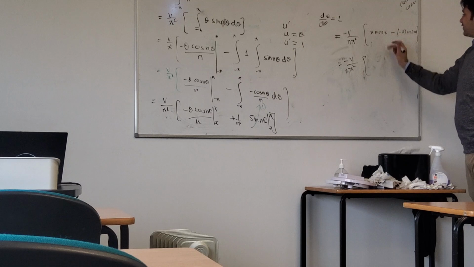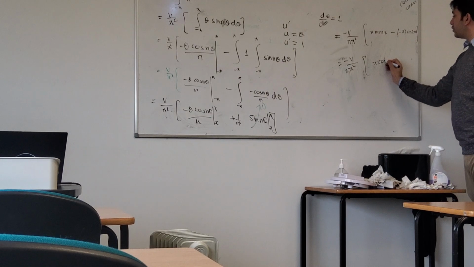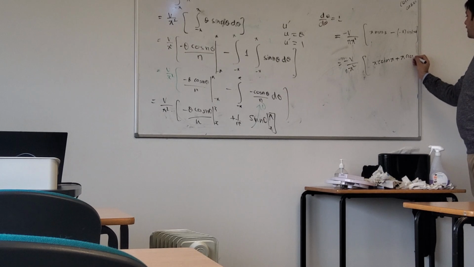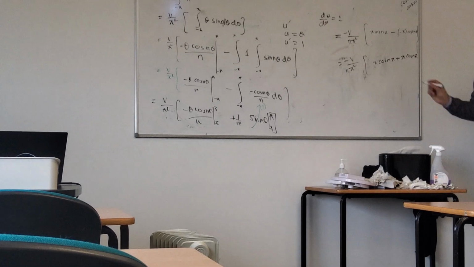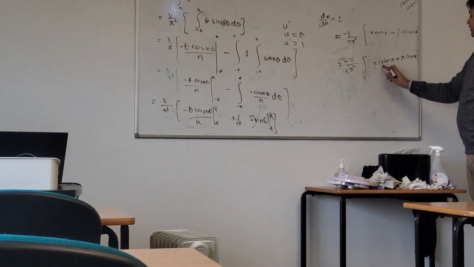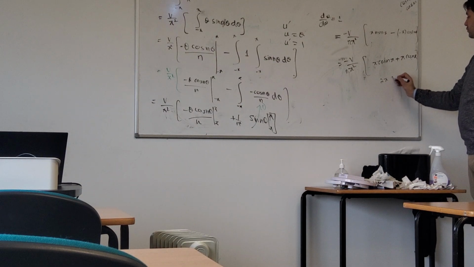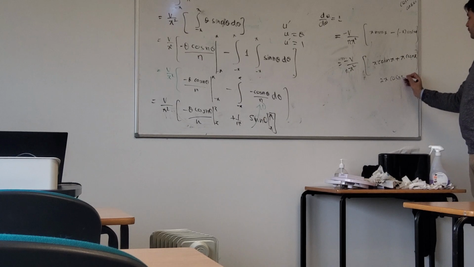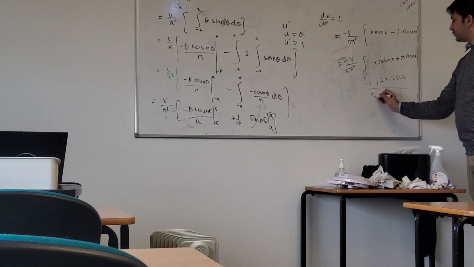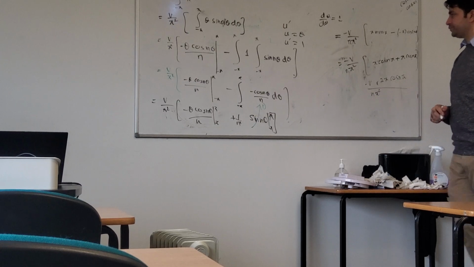But this minus will get plus here, so pi cos of n pi plus pi cos of n pi, since minus doesn't affect cos. For sine, this is not true. So at the end of the day, these two pi cos n pi, minus pi square.